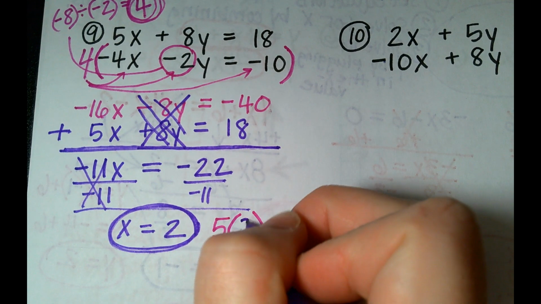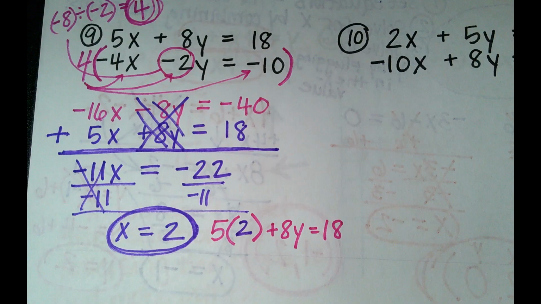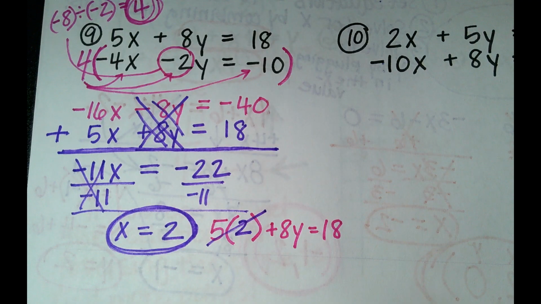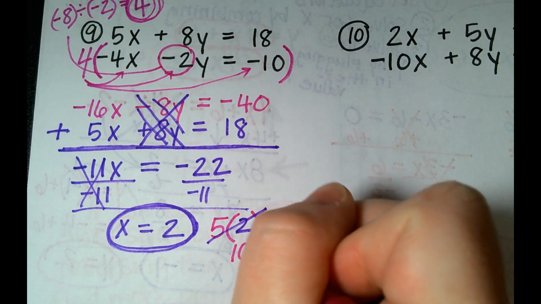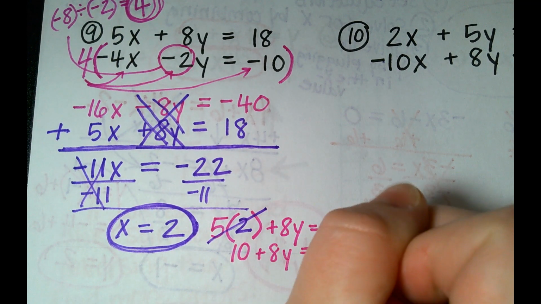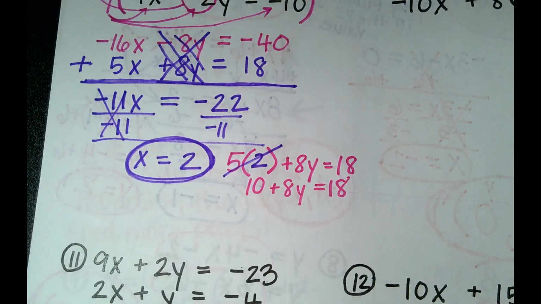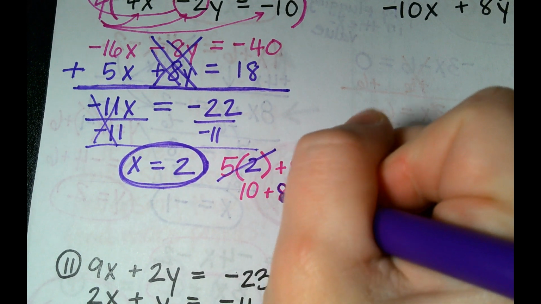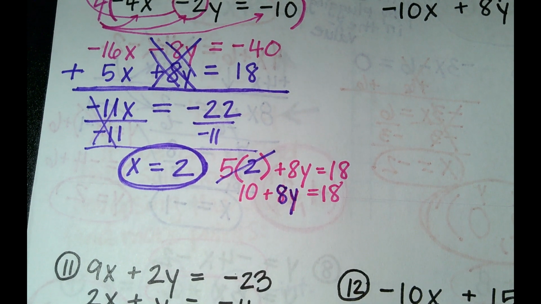And 2 is x. So what would I do first here? 5 times 2, which is 10. Bring everything down, plus 8y equals 18.